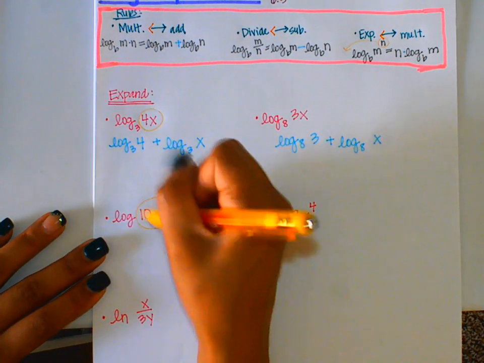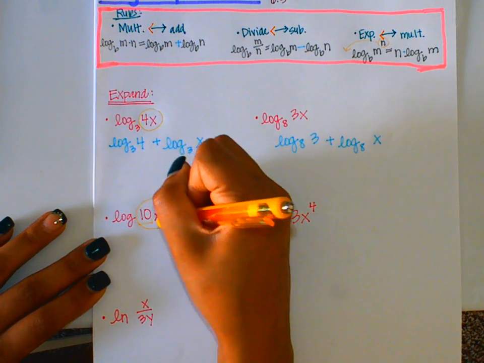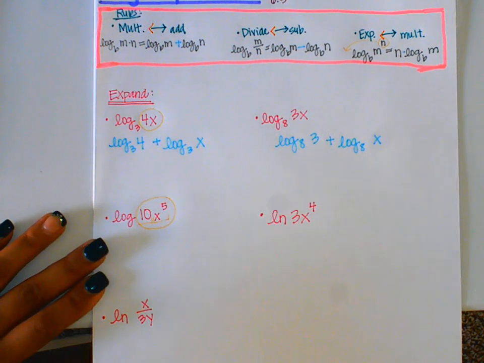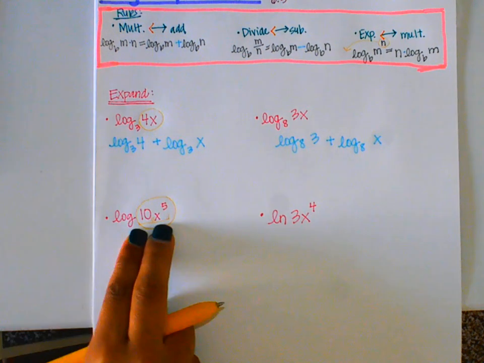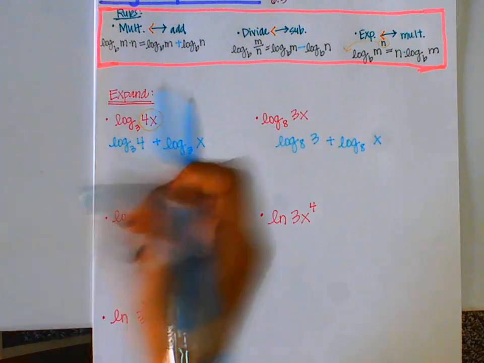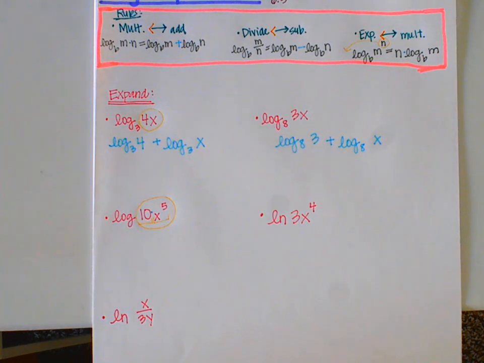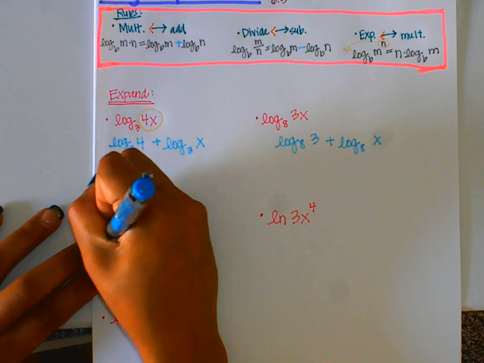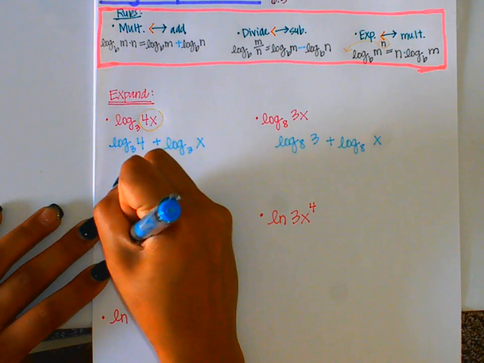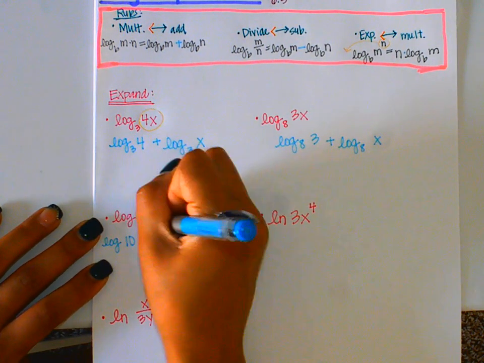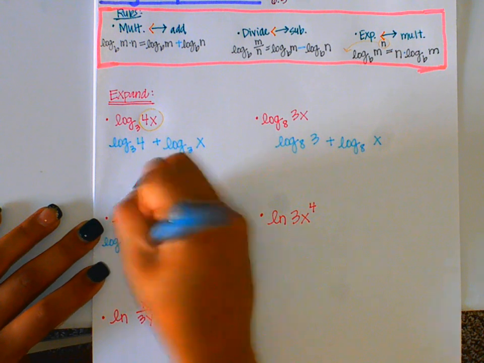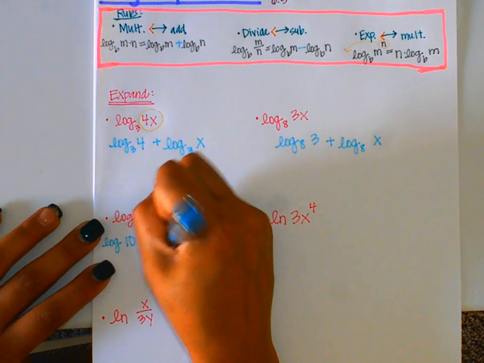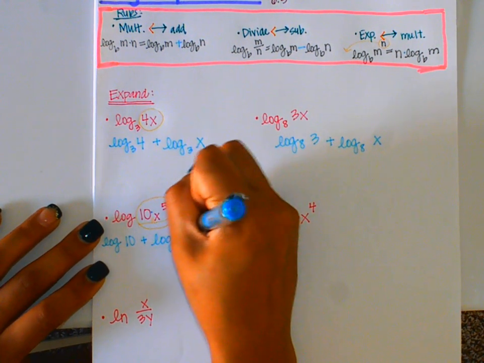So I can split this up into one term here and one term here for now. These two terms are being multiplied. So I'm going to expand it like I did here. So log 10 multiplied. So I'm going to add log x to the power of 5.